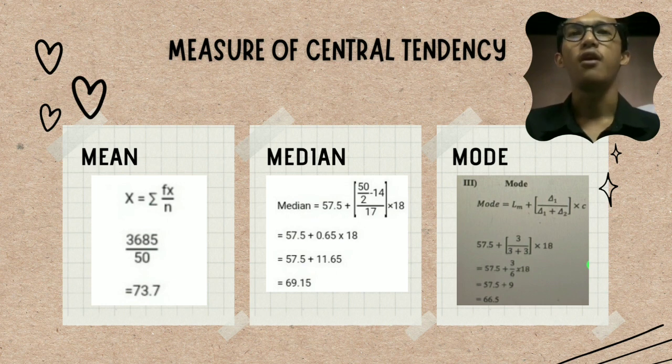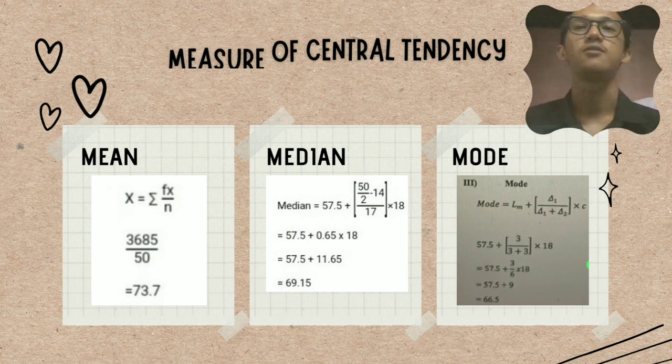So, the median of the labor force by age group is 69.15 years old. And lastly, the mode. The way to get the mode is to take the class with the highest frequency and calculate with the class size. The mode of the labor force by age group is 66.5 years old.